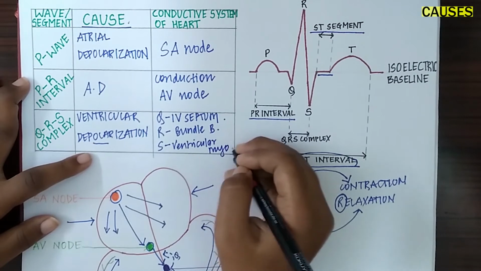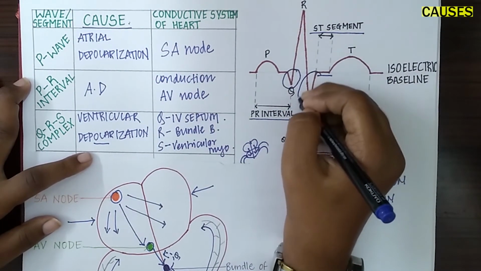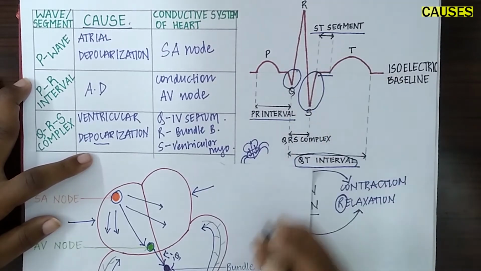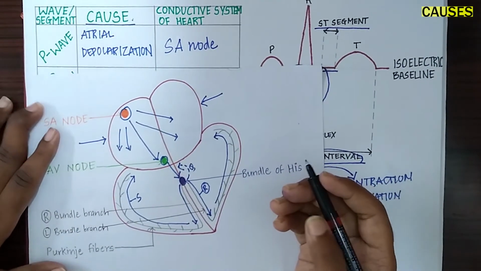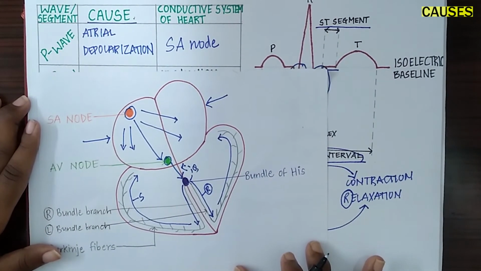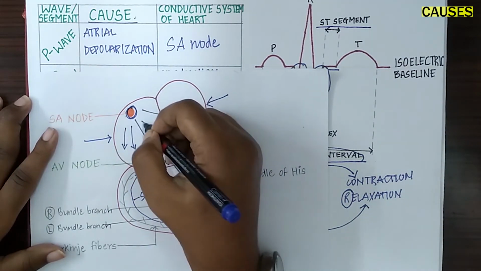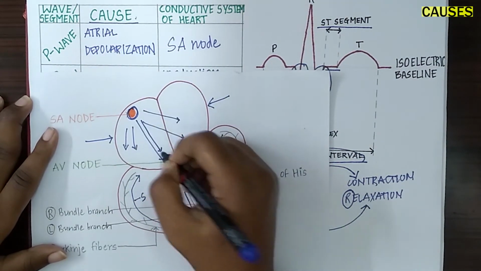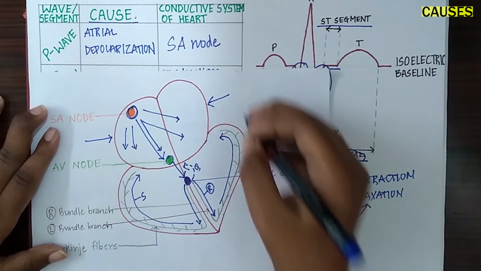Here the question arises why we get a negative Q and S wave. For that we need to understand about cardiac vector. What is cardiac vector? It is the direction at which the current is flowing for that instant. So for now, the current is moving from SA node to AV node, then to the bundle of His and then to the Purkinje fibers.